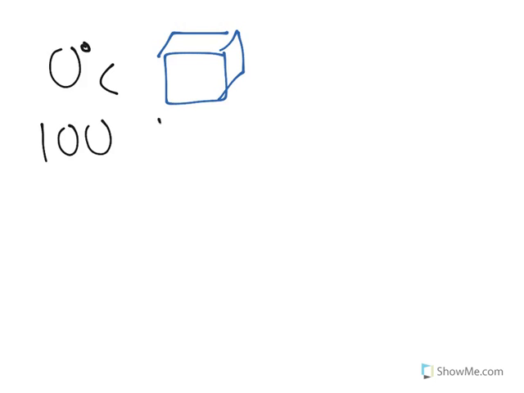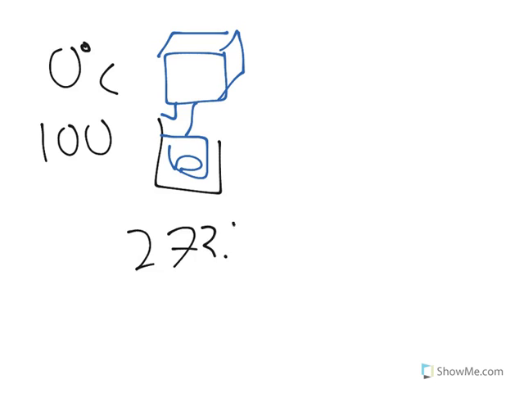Then there's the Kelvin for temperature. You're probably familiar with the Celsius system, where 0 degrees Celsius is freezing. You get ice cubes there. And 100 degrees Celsius is boiling. Kelvin is just 273.15 degrees, sorry, 273.15 plus the Celsius is Kelvin.